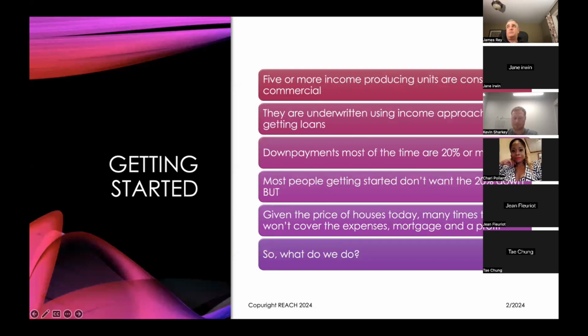So as I mentioned, 5 or more income producing units are considered commercial. And they're underwritten, and it's funny because we were just talking about this earlier, in terms of the way that you actually value multifamily is very different than the way that you value single family.